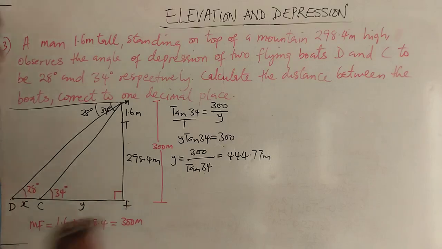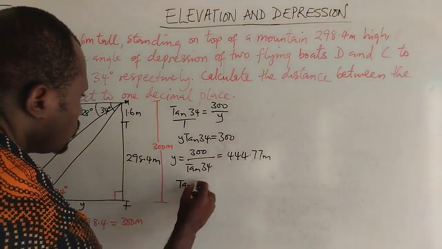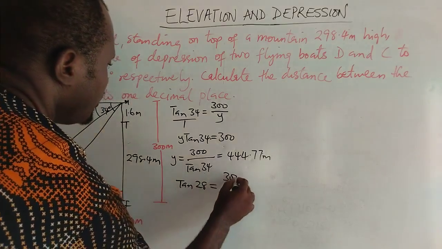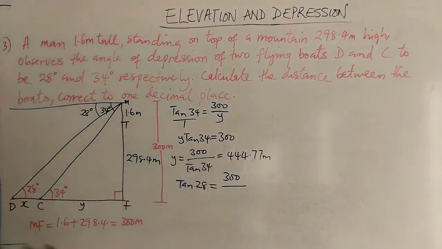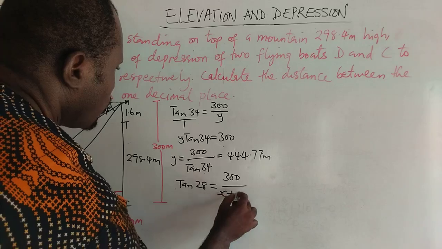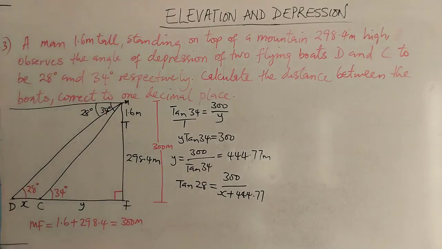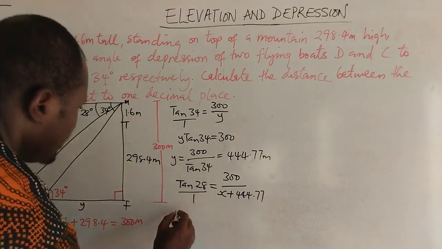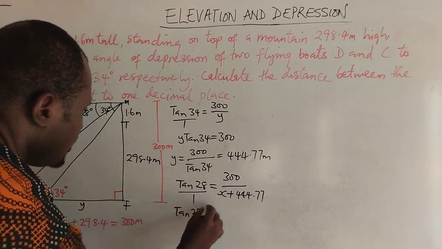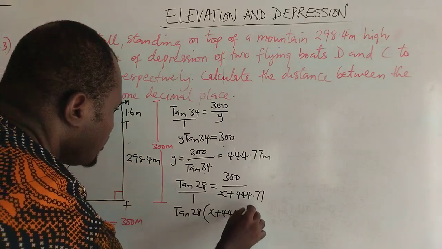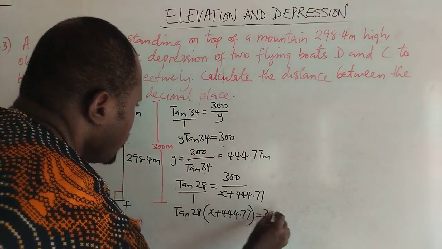We'll have tan 28 is equals to 300 over the adjacent, which is x plus 444.77. That's the value of y. If you cross multiply, you will have tan 28 into x plus 444.77 equals to 300.